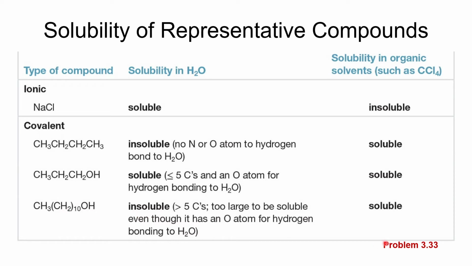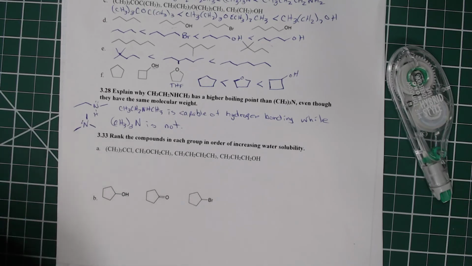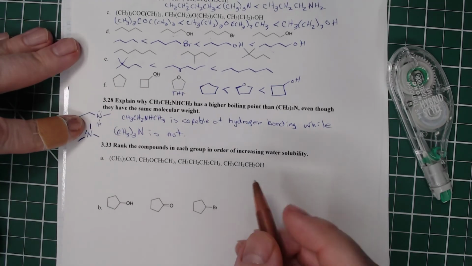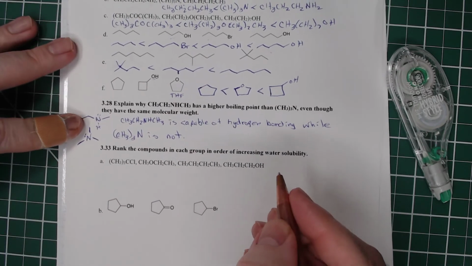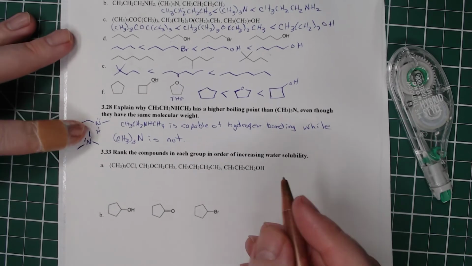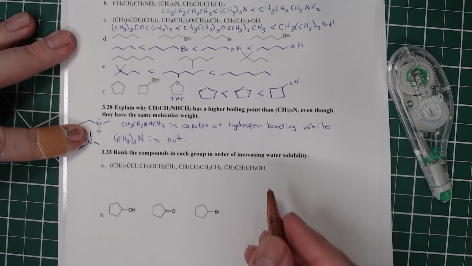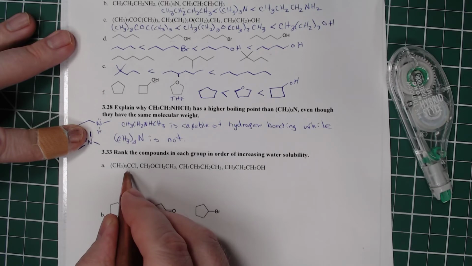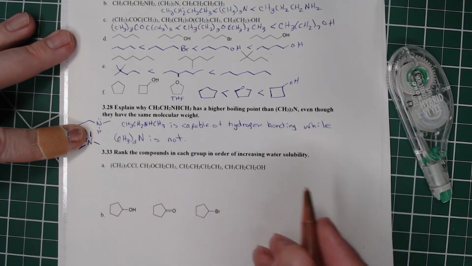So let's look at number 33. 33 is pretty easy. Rank the compounds in each group in order of increasing water solubility. Here we've got a polar compound, so we have dipole-dipole interaction.